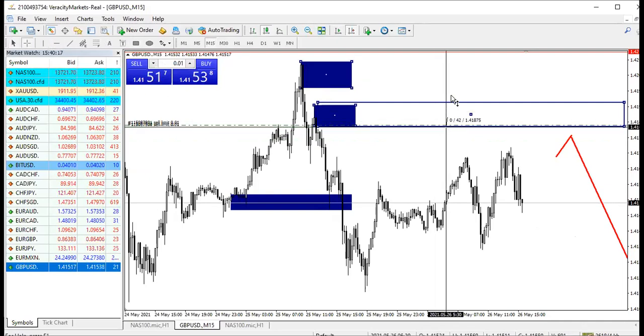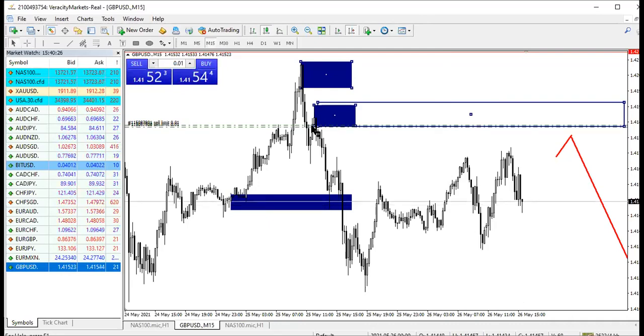So how many pips now? At least I can risk 12 pips. Small money, guys. 12 pips to gain how many? 100 and something.